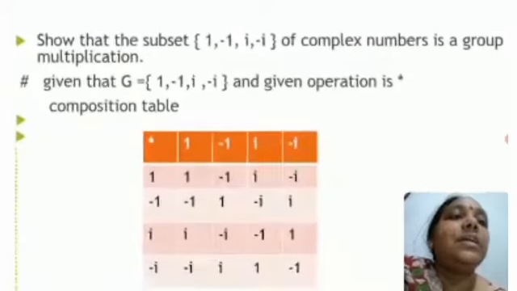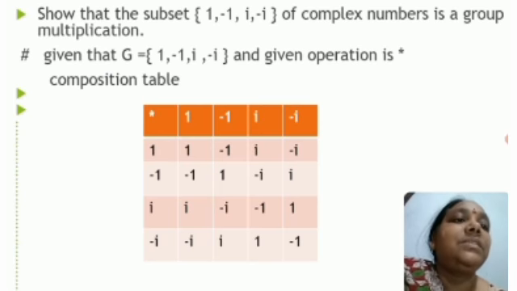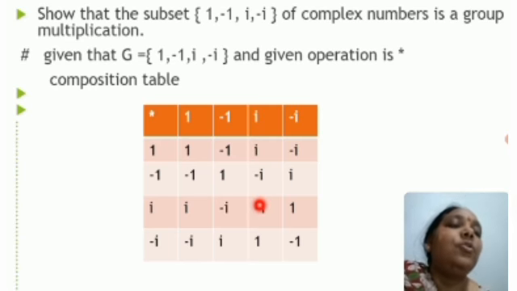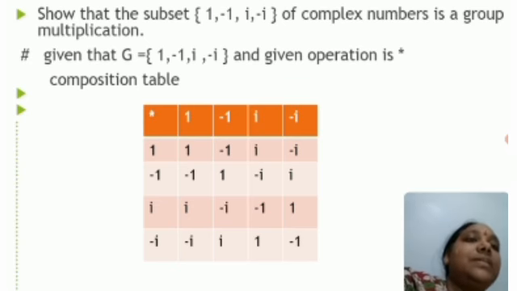So in the second row, the corresponding elements of 1 are minus 1 and minus 1, so minus 1 is the inverse of minus 1. Next, minus i is the inverse of i, and in the fourth row, i is the inverse of minus i.